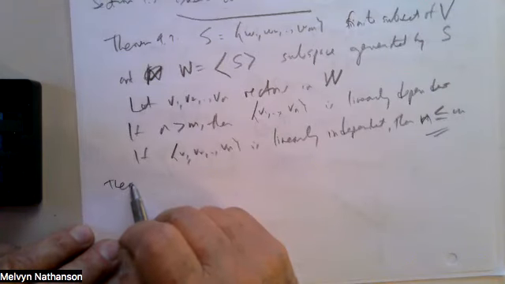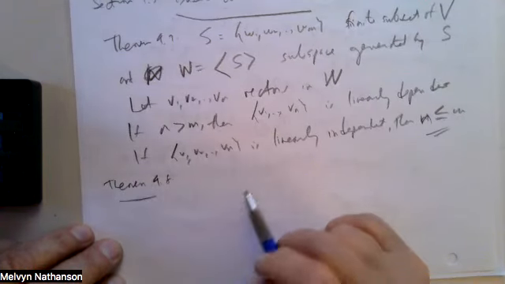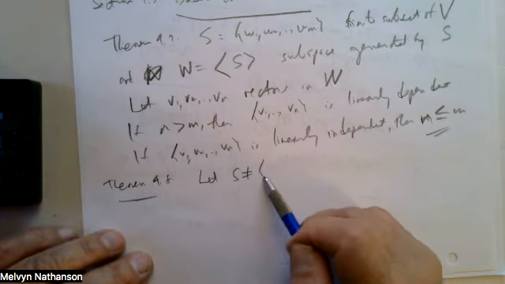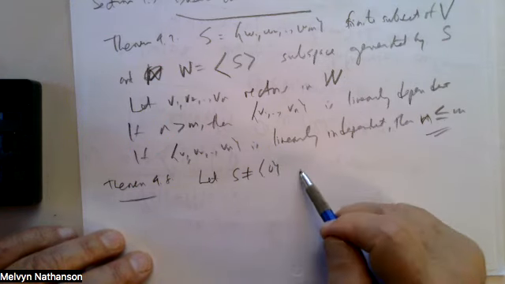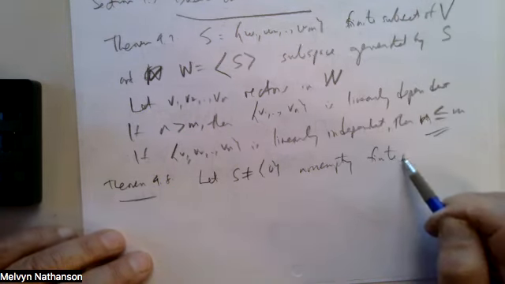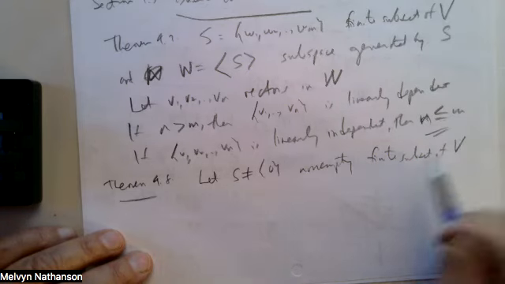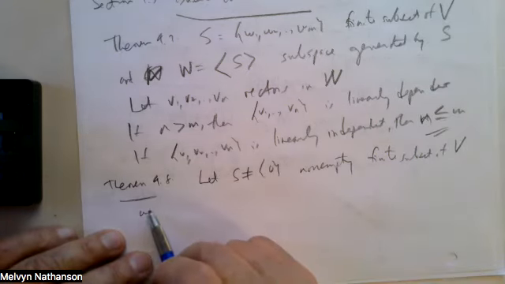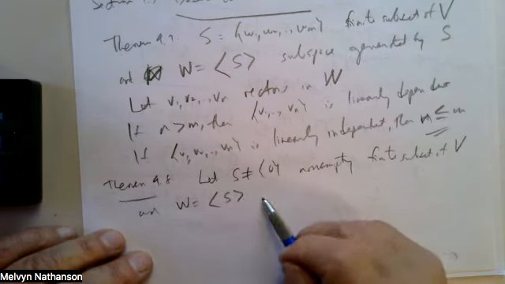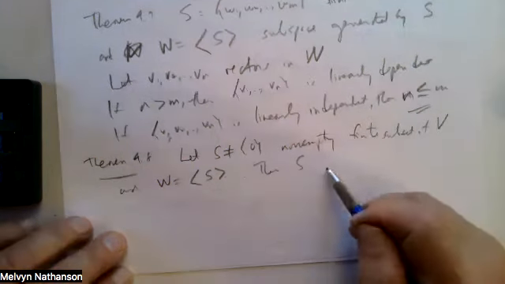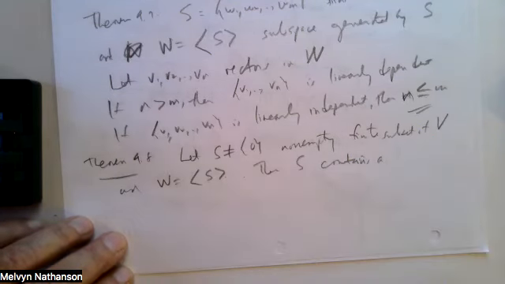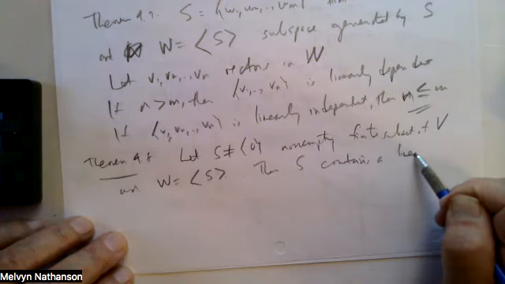And the next result, theorem 4.8, says that if S is a set of vectors, not the zero set, so this is a non-empty finite subset of a vector space V, and W is the subspace generated by S, then S always contains a subset that is linearly independent.